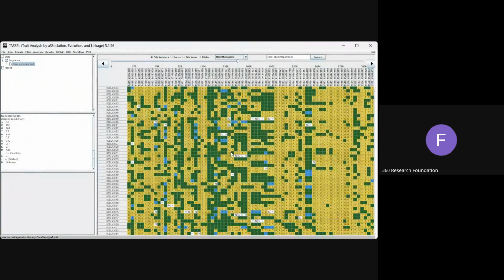Along with SNPs, again one type of marker is there, that is DArT, diversity array technology. Nowadays these DArT markers are also used for mapping purposes.